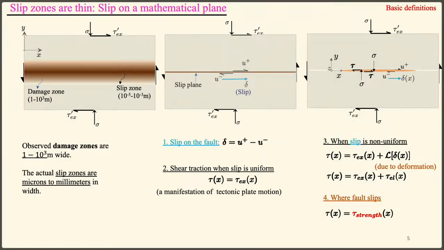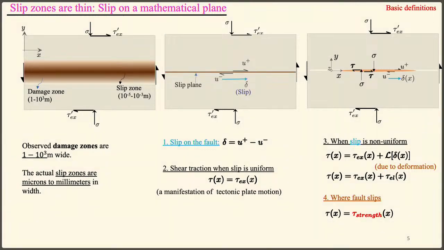So simply speaking, although fault zones or any interfacial geological condition have damage zones, for now we neglect these damage zones. The reason is that there is a slip localization phenomenon, and we can consider a geological fault, or a landslide kind of setting, as just a slip on a mathematical plane.